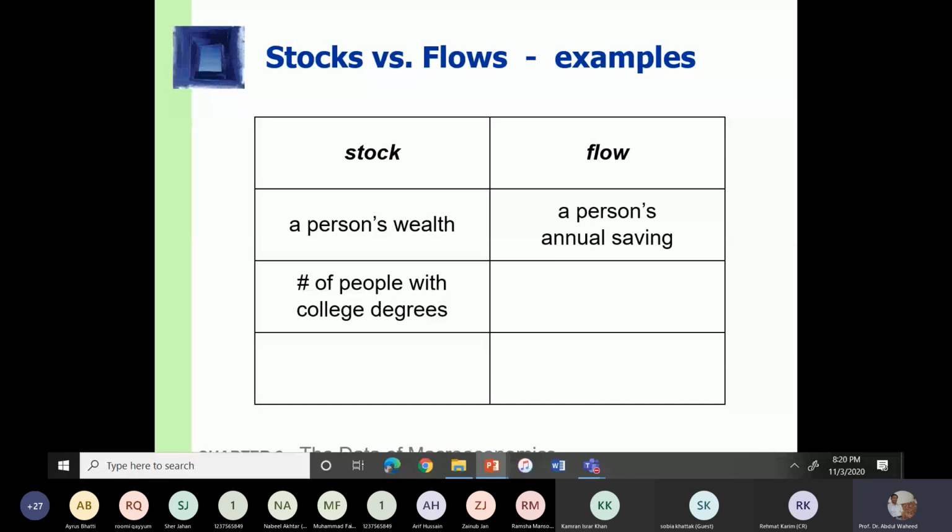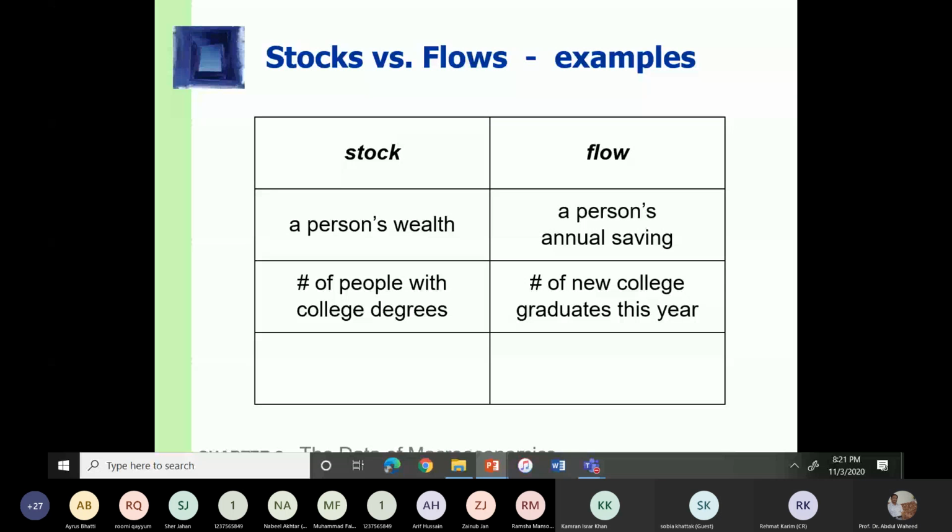Now let's look at another example. Number of people with college degrees is a stock variable. What would be the flow variable? New graduate students, new college graduates. Every year there are graduate students that are added to the number of people that graduated.